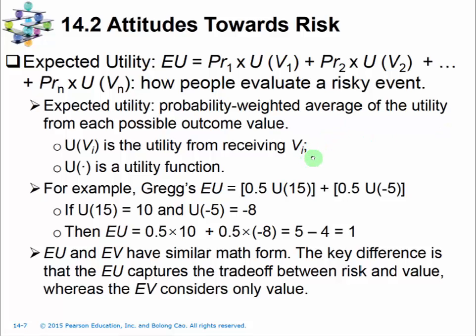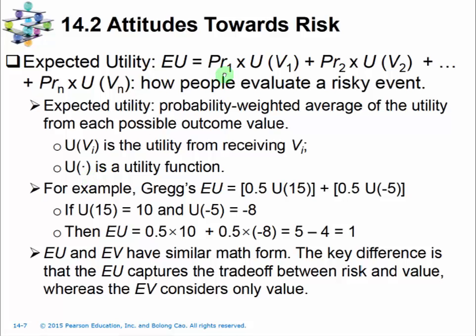So on the possible outcomes for a risky event, we assign a certain value, call it Vi for outcome i. And then we calculate using a utility function, this U function here. We put this Vi, that value, into the U function to get the utility yielded from that value.